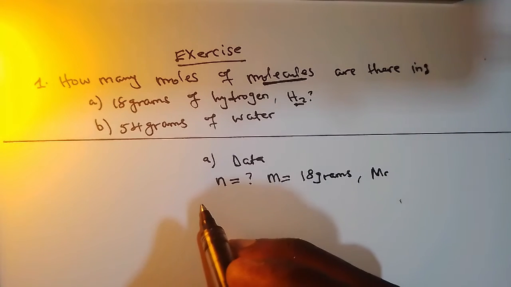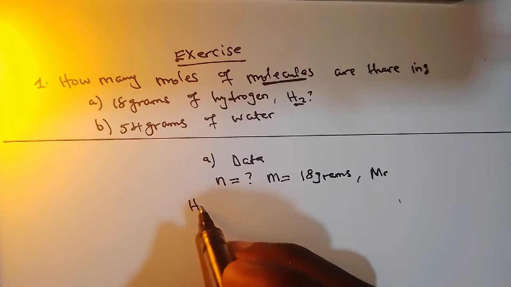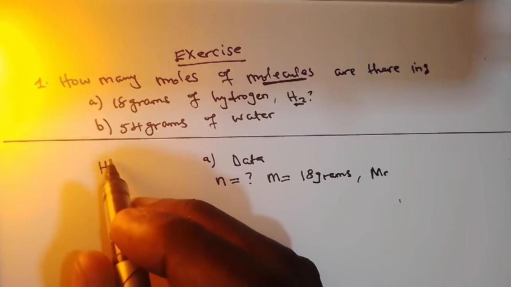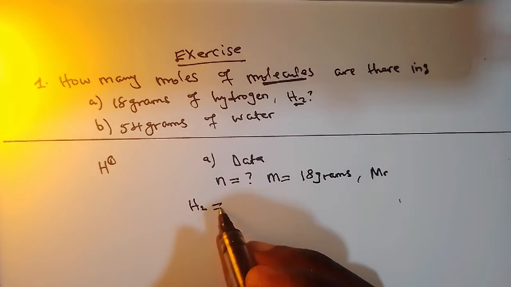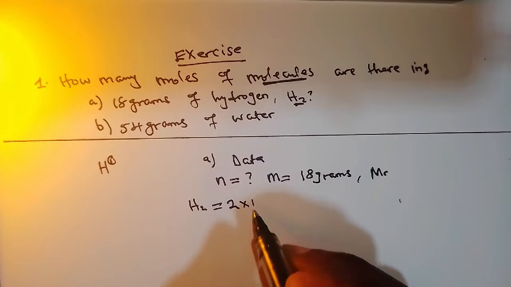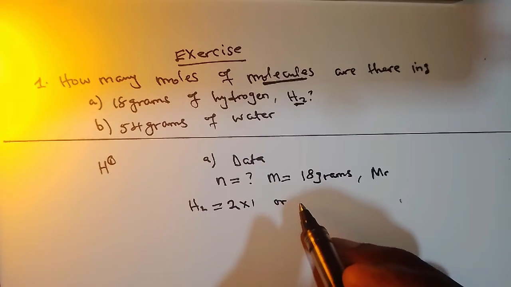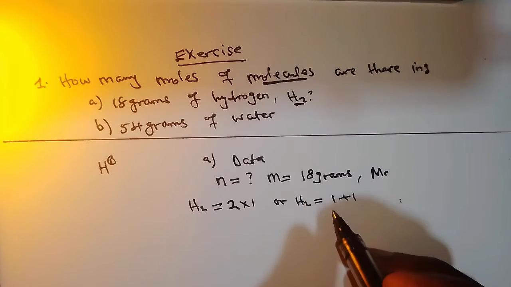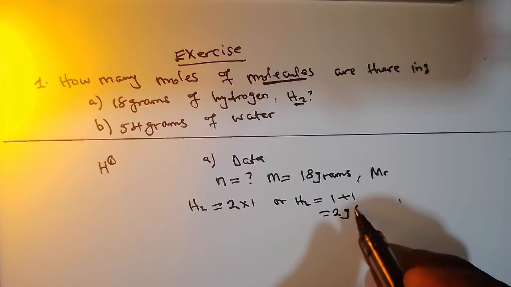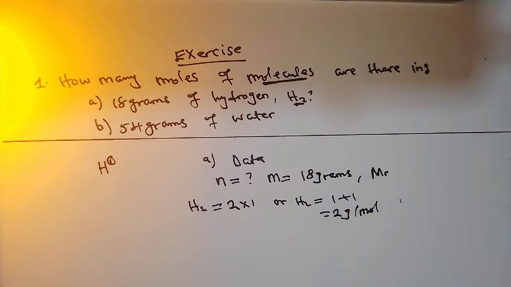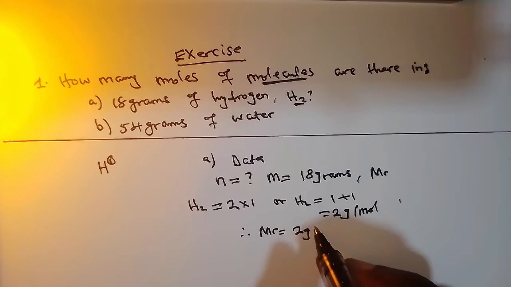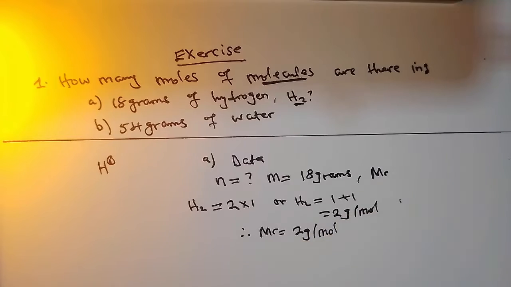When we go to the periodic table, hydrogen has a mass of 1. So hydrogen is 1 plus 1, which gives us 2 grams per mole. That's the key concept there.